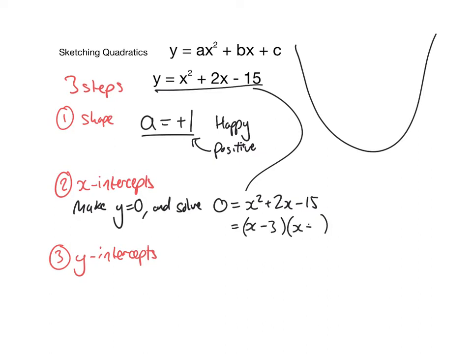I've rushed through the factorization here, but you will need to remember what you're doing. And to solve, I make one bracket 0, which means I'd need x equals 3, or the other bracket 0, x equals -5. Draw your x-axis and mark those two numbers on in the order that you would find them on the number line.